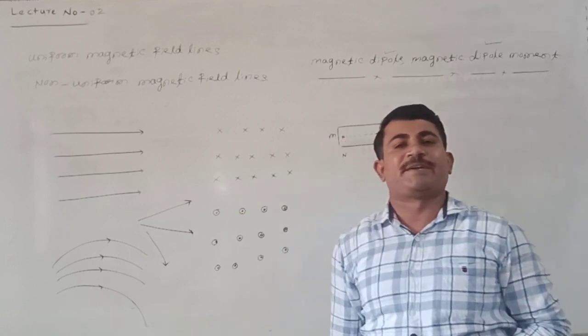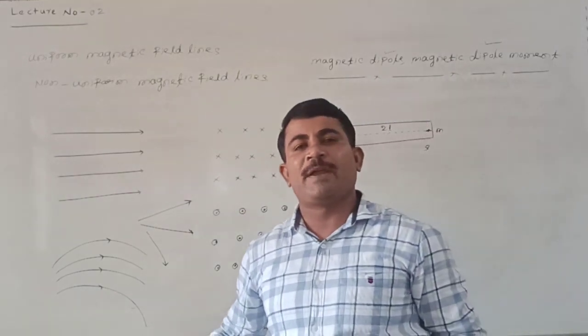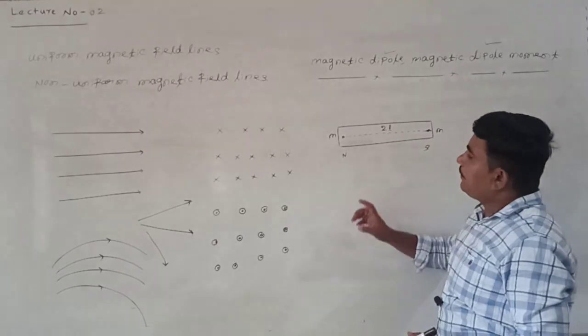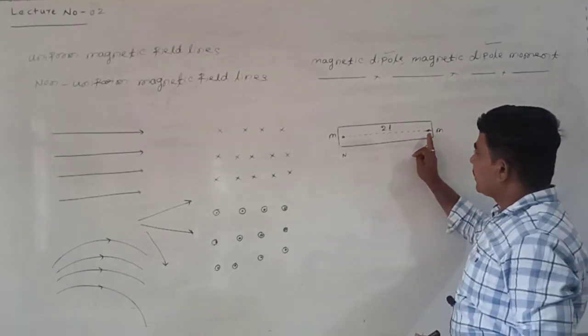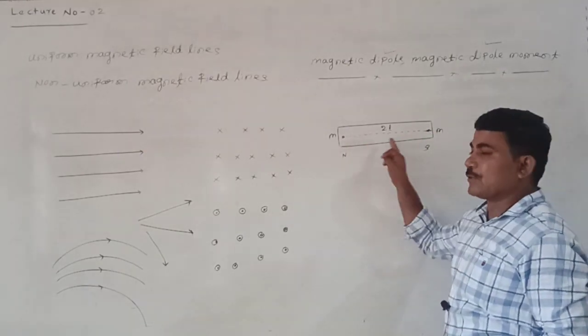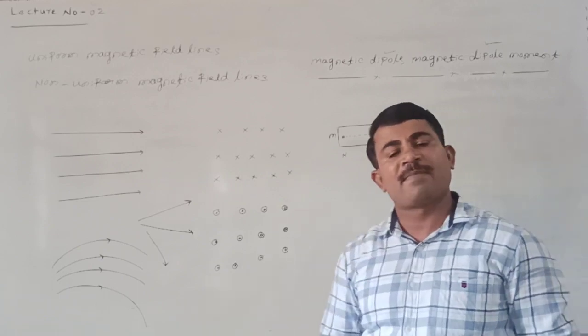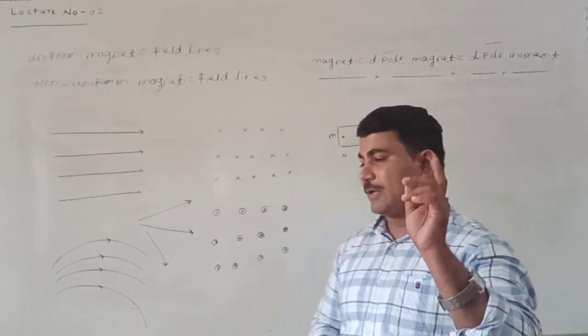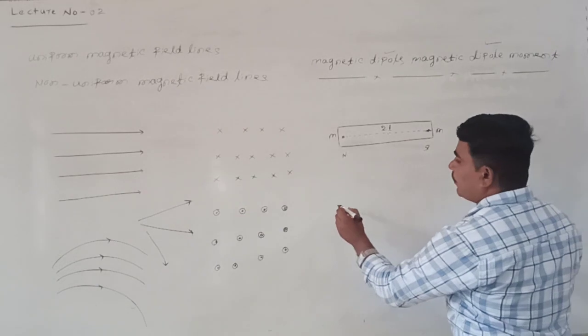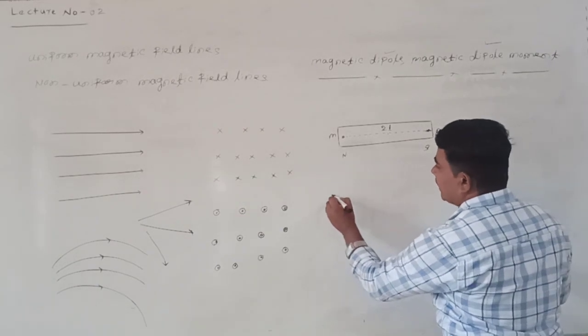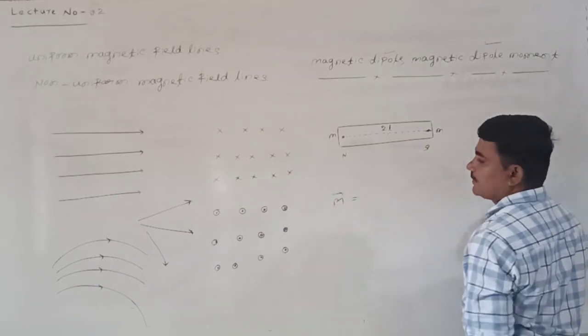Magnetic dipole moment means, see here, the product of either pole strength and the distance between the two poles. That we are calling magnetic dipole moment. Look at me. Magnetic dipole moment can be represented by the quantity capital M. How is it?